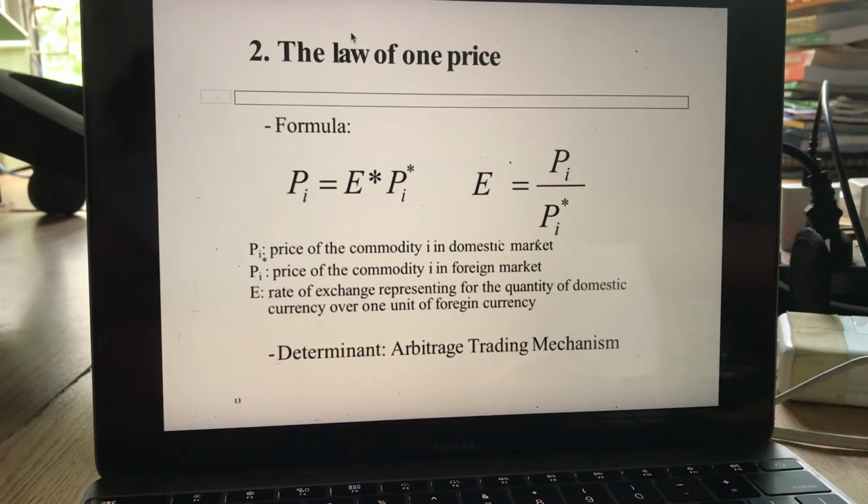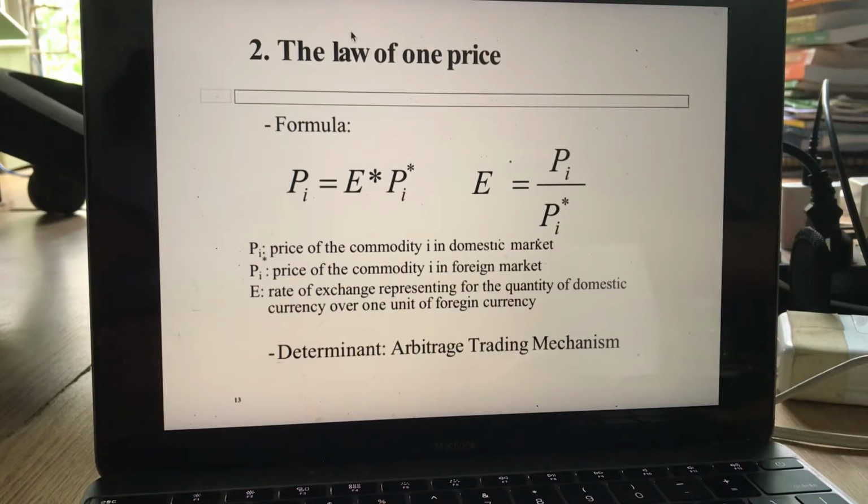Okay, next, I introduce the law of one price. Quy luật một giá.